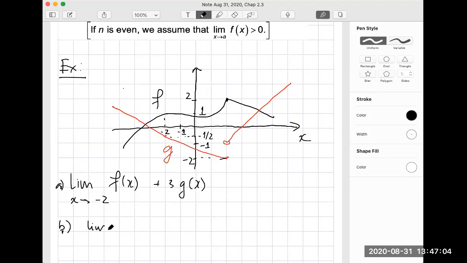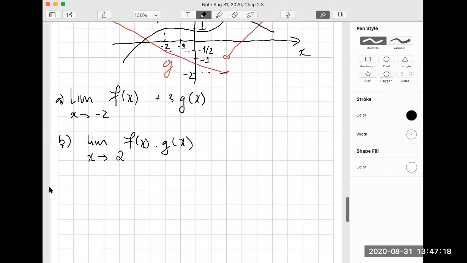B, limit of f of x times g of x when x approaches 2. Okay, let me scroll down a little bit. C, limit of a quotient f of x over g of x when x approaches -2.